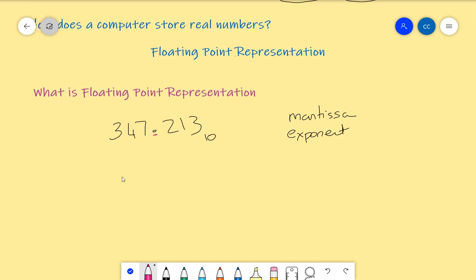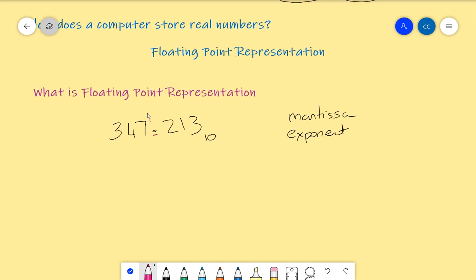So that can't happen. It has to be able to be reconstituted back into 347.213. So what it does is the exponent stores how many places this decimal point has moved. Or another way of thinking about it is how many places along the number grid the number has moved so that the decimal point is here.